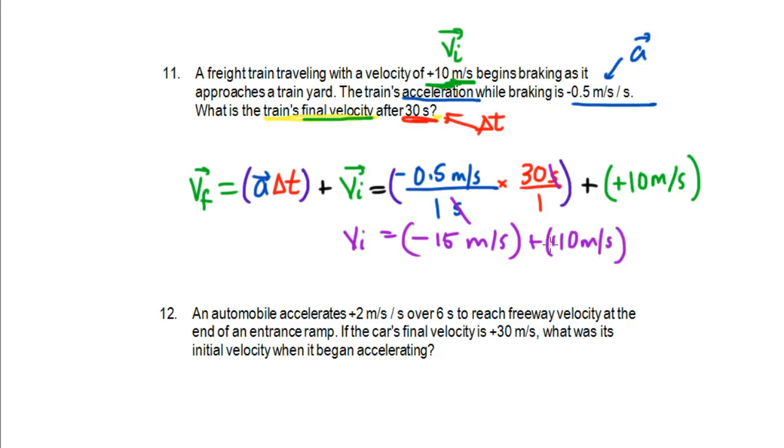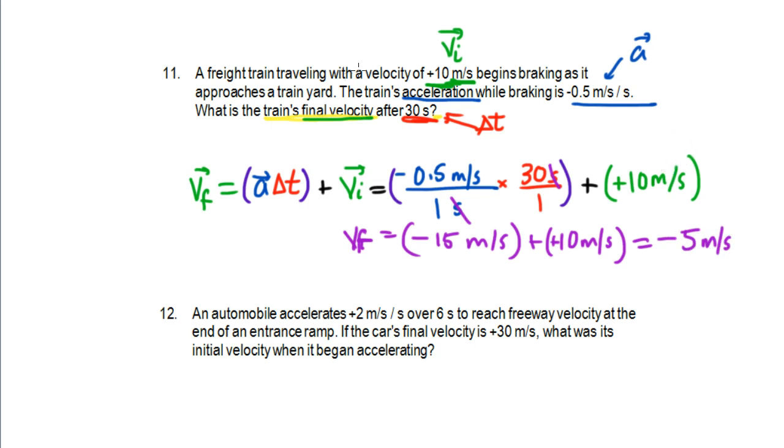They're vectors. So negative 15 plus 10 is going to give me a negative 5 meters per second. Oops, this should be v final, excuse me.